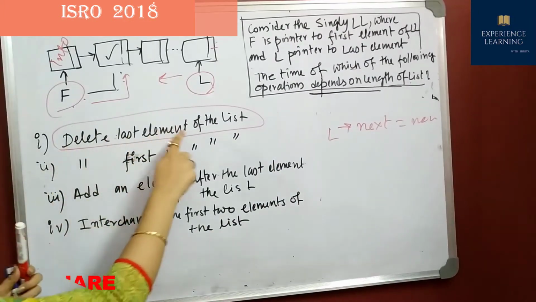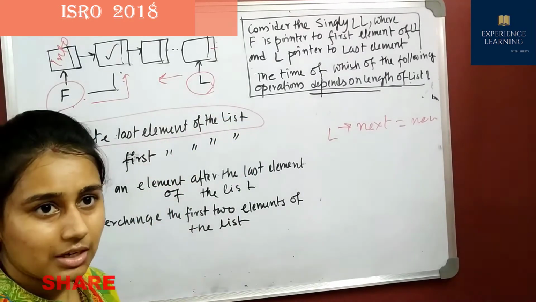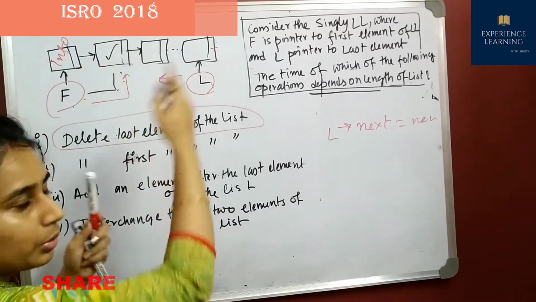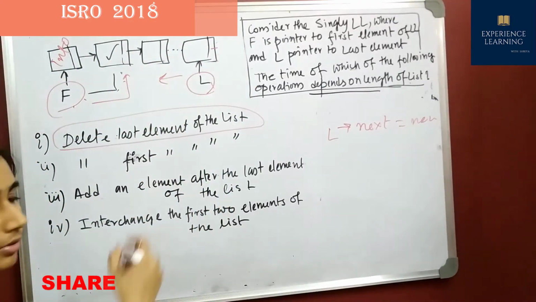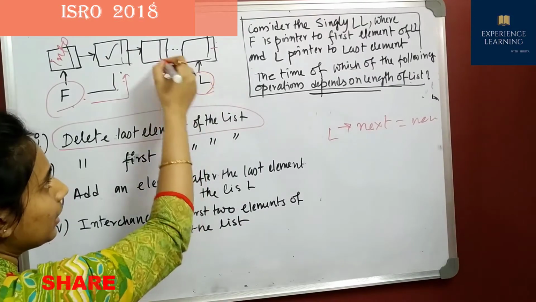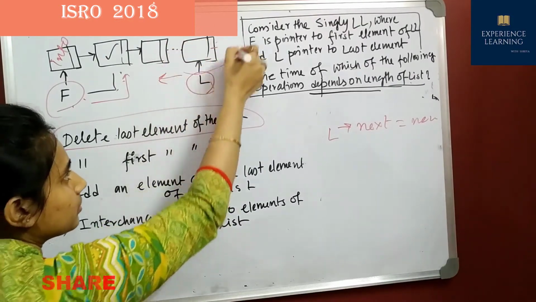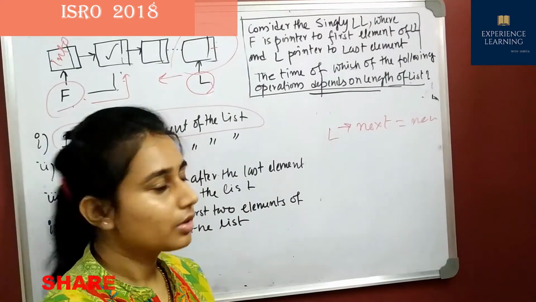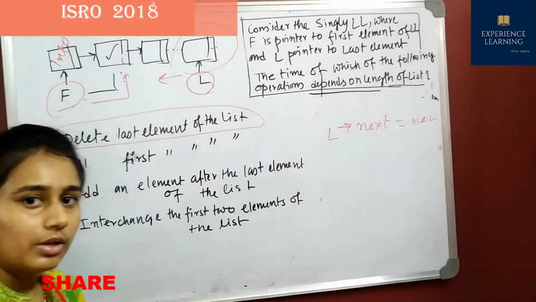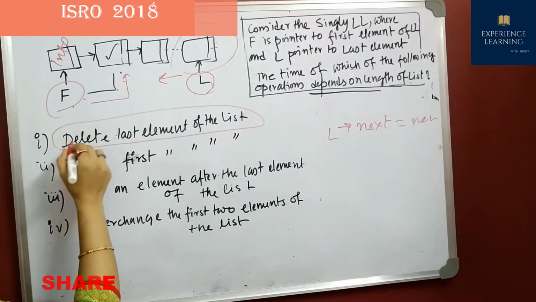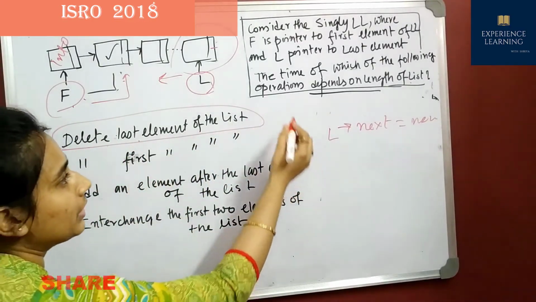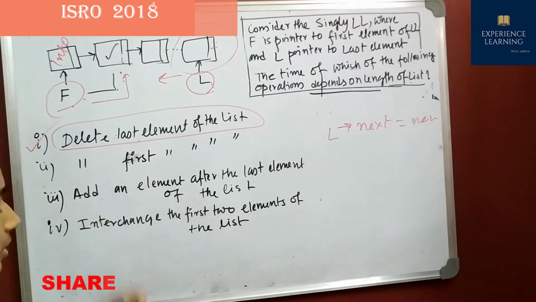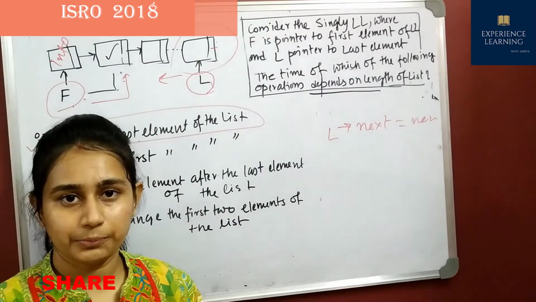If you want to delete the last element of the list, you have to traverse from F to just before L. First you have to reach the node before L to delete the last one. In this way, I can say that deleting the last element of the list depends on the length of the list. Here the answer is option number 1.